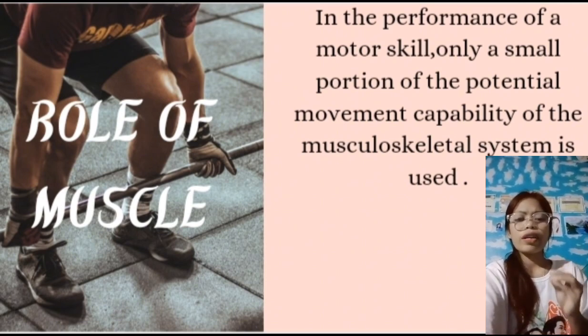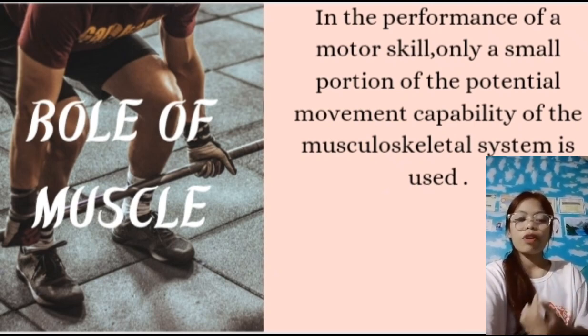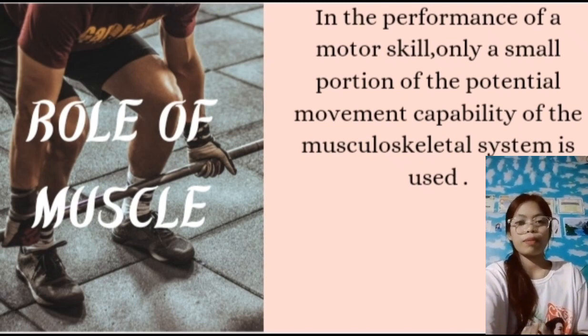So, they work in coordination with the nervous system to execute specific actions. So, when it comes to motor skills, only a small portion of the potential movement capability of the musculoskeletal system is used. This is because motor skills require precise and controlled movement, which often requires specific muscles to be activated while others remain relatively inactive.